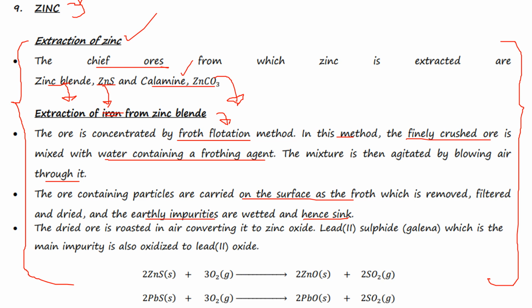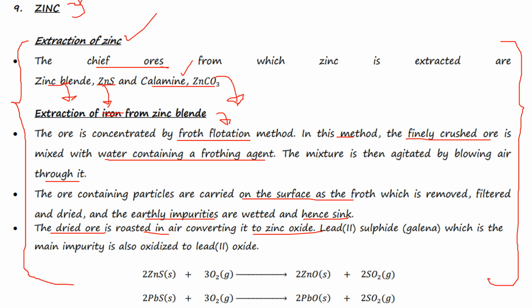And so we are going to skim off our froth, and then we extract our ore, we dry it, and then we roast it in air so that we can convert it to zinc oxide. So by doing so, we shall be heating zinc sulfide to get zinc oxide.